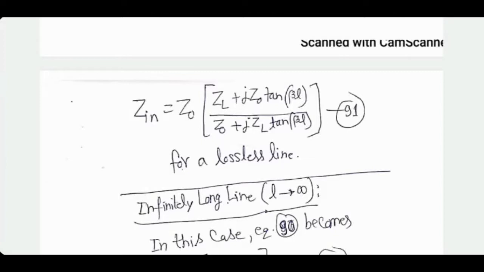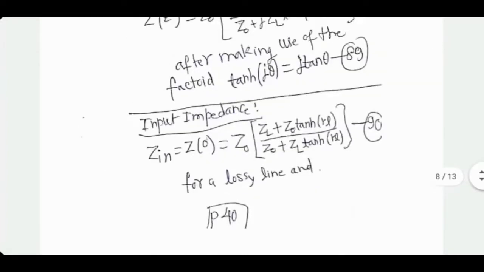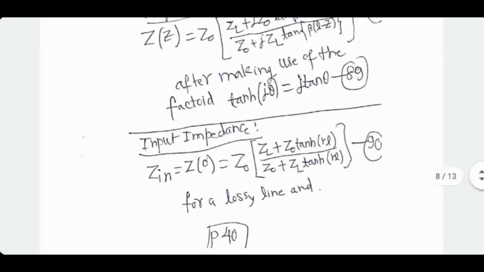Other special cases are, suppose you allow small l to go to infinity. It's a theoretical case, but suppose it happens. Forget the lossless case. Let's look at the lossy case. Tanh of infinity is actually 1.